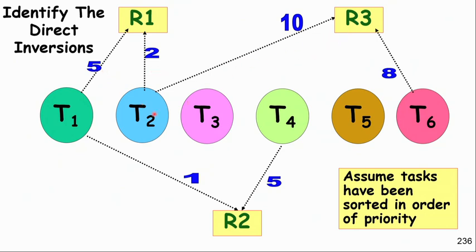R3 is needed by T2 and T6, and R2 is needed by T1 and T4 for 1 and 5 units respectively. Now, please identify the direct inversions that can occur, and assume that the tasks have been sorted in terms of their priority values, that is T1 is the highest priority and T6 is the lowest priority.